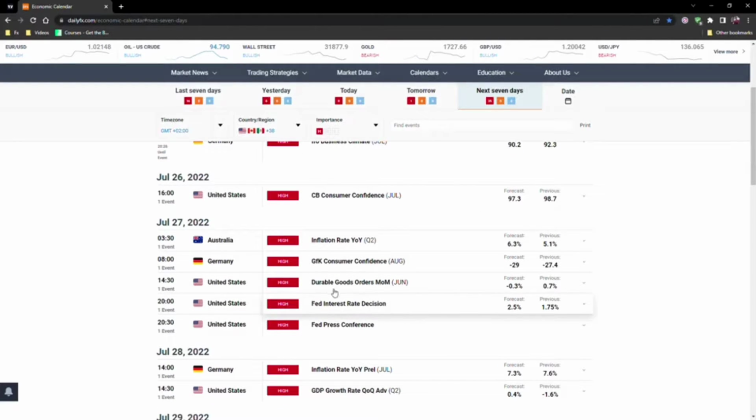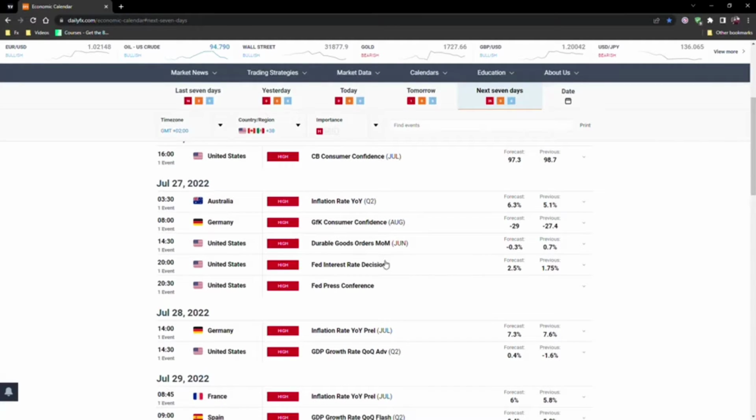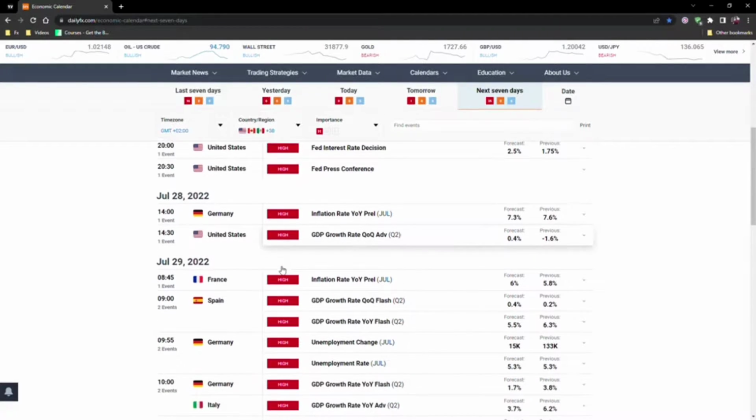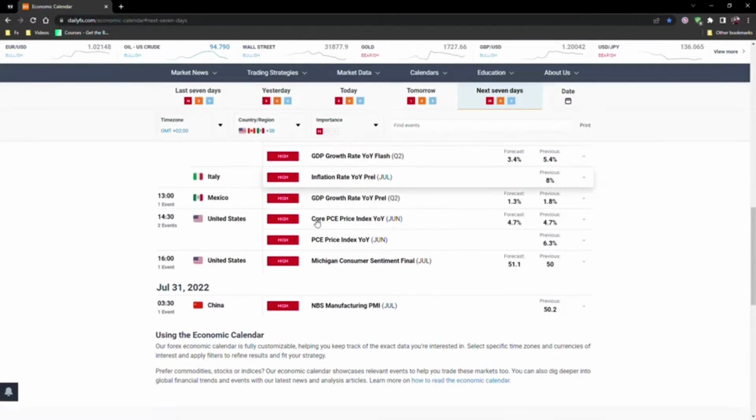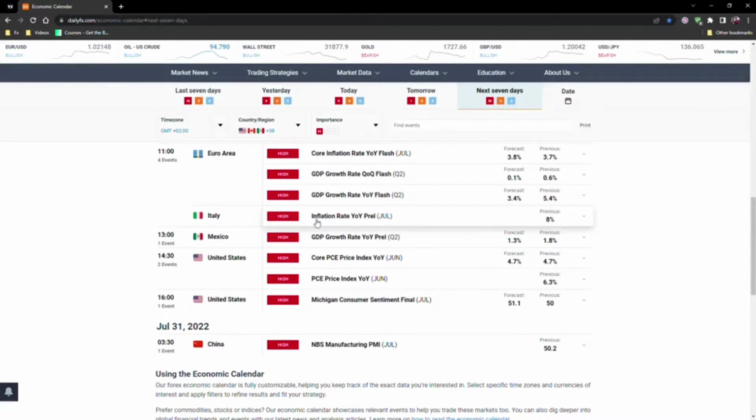On Wednesday there's the Fed interest rate decision as well, and the growth rate, not as much, on Thursday. That's gonna be it for fundamentals for the week.